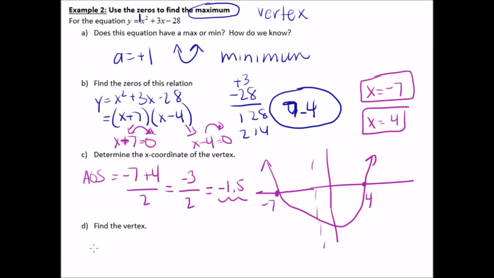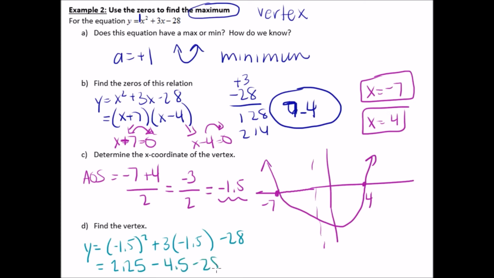Okay, and in order to find the vertex, we're going to take that negative 1.5 and sub it into the original equation. So negative 1.5 squared plus 3 times negative 1.5, minus 28. Negative 1.5 squared, I get 2.25, minus 3 times 1.5, 4.5, minus 28.